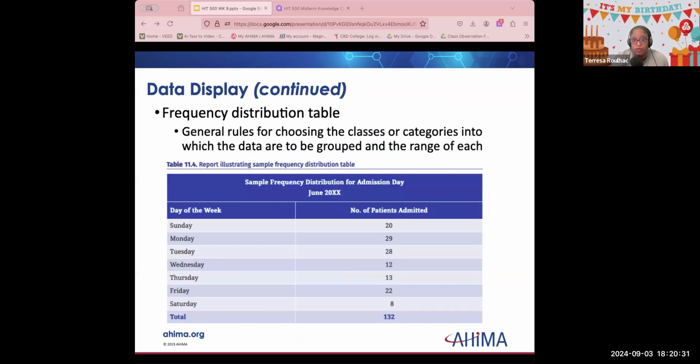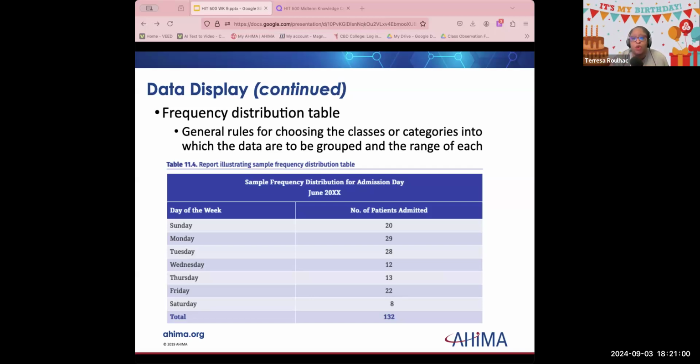With a frequency table, we look at the number of patients admitted on each day of the week, and we can see that in Table 11.4. So just so you know, this chapter is jam-packed with examples, okay? I highly encourage you to go back through and look at Table 11.2, 11.3, 11.4, and read the extra information under them.